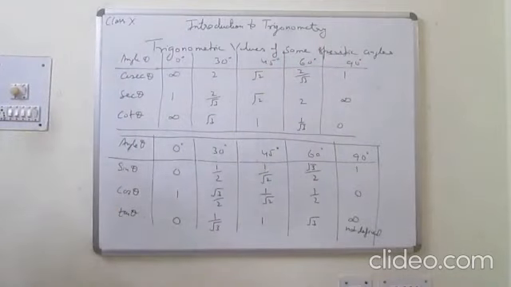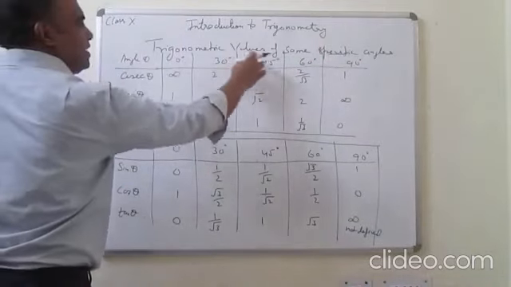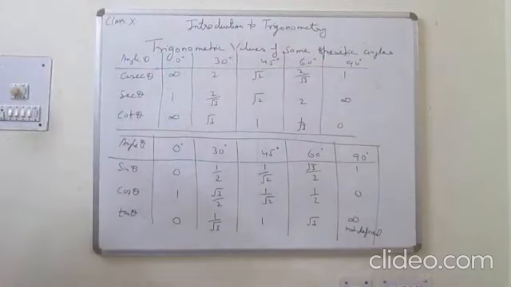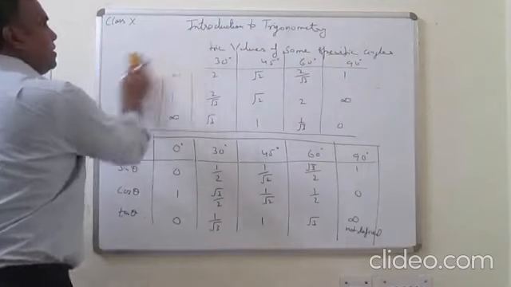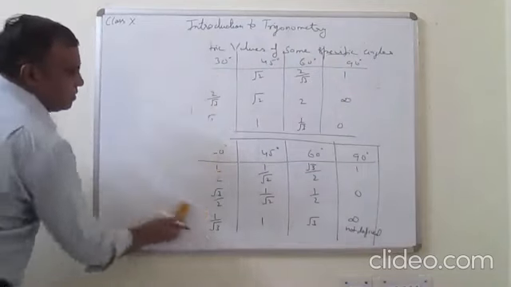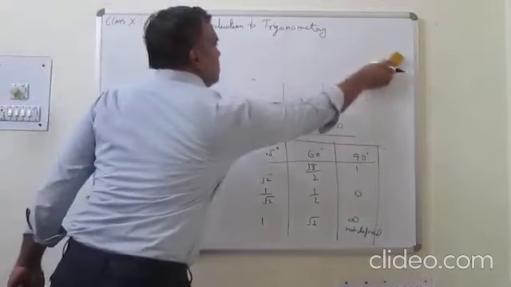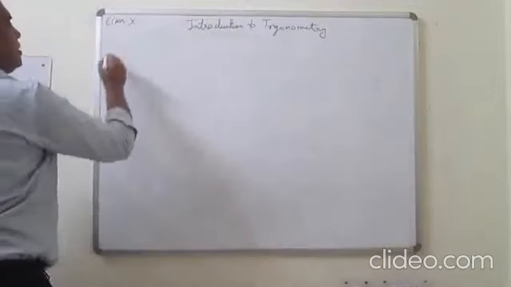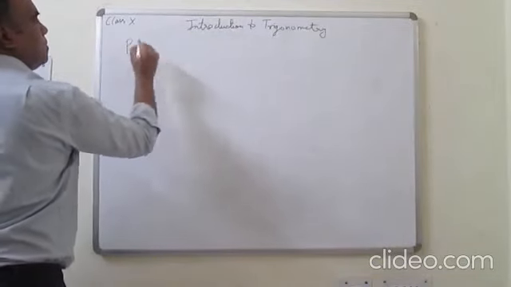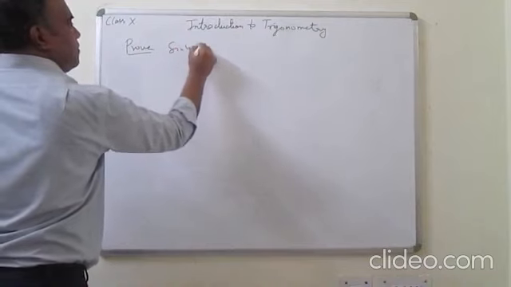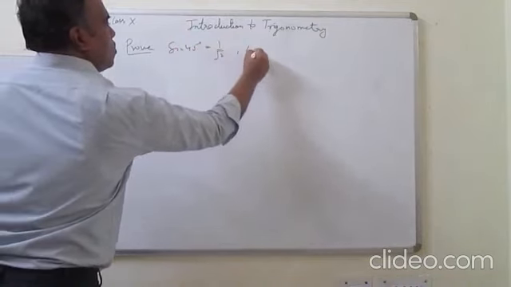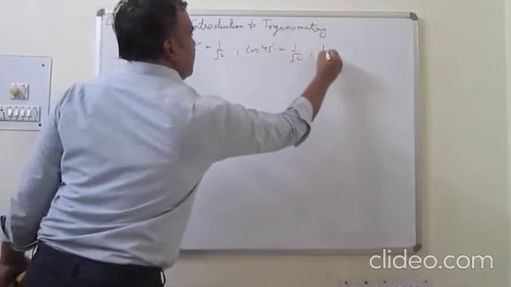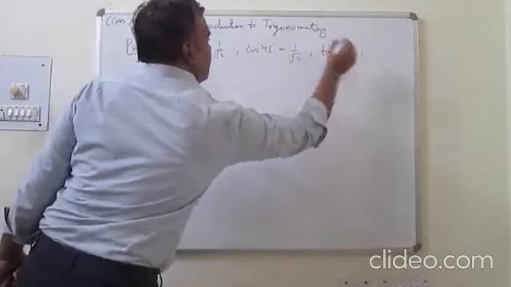Now I will prove it for 45 degree, 30 and 60 degree, and 0 and 90 degree. Now I am going to prove it. Now prove sine 45 is 1 by root 2, cos 45 is 1 by root 2, tan 45 is 1.